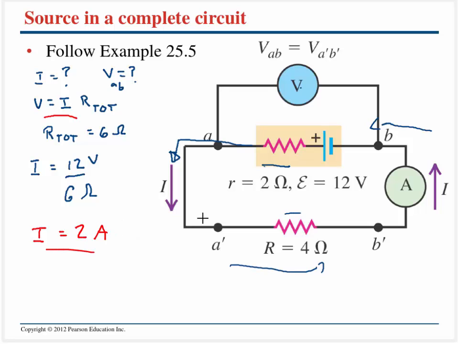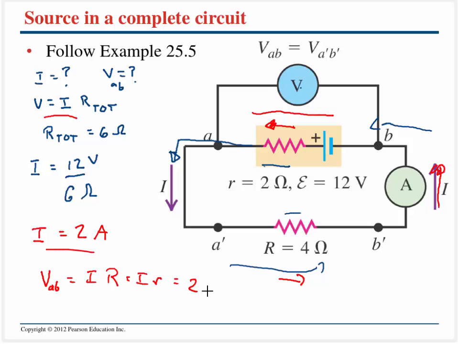Now what we have to realize is the same current is going to be flowing through that resistor, same as that resistor, and same as this ammeter, which I forgot to mention has no resistance to it. So we can write Ohm's Law for just this battery right here. We can say the voltage in the battery, VAB, is going to be equal to the current multiplied by the resistance, and that's actually going to be the current multiplied by the little resistance of the battery.